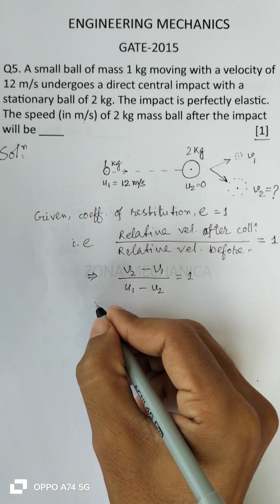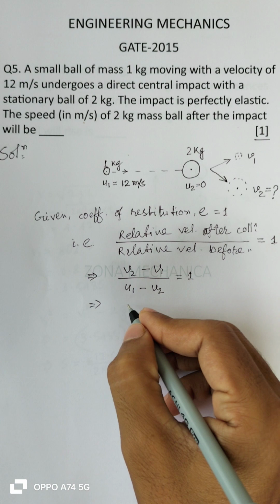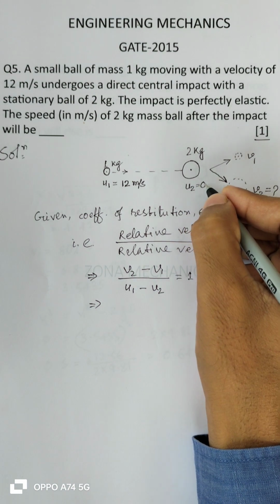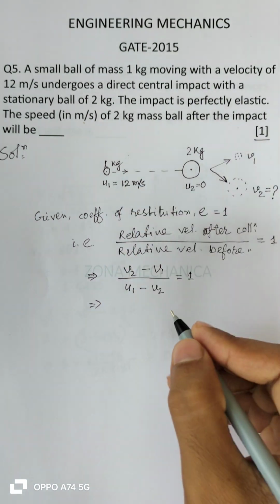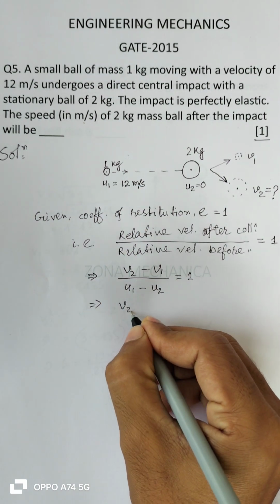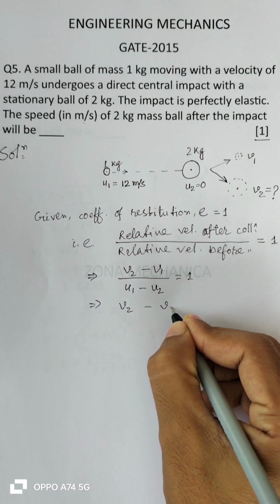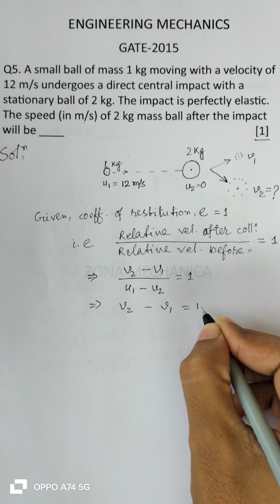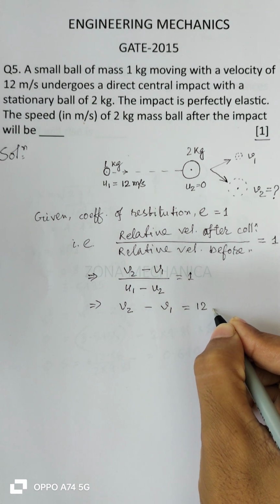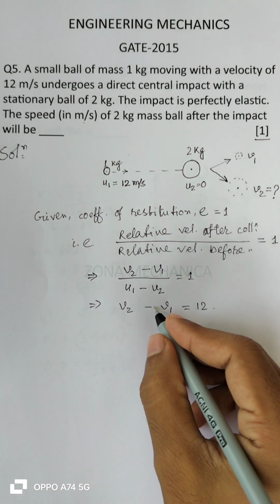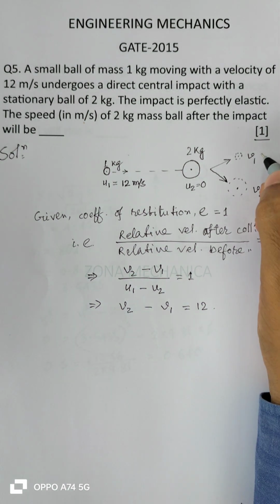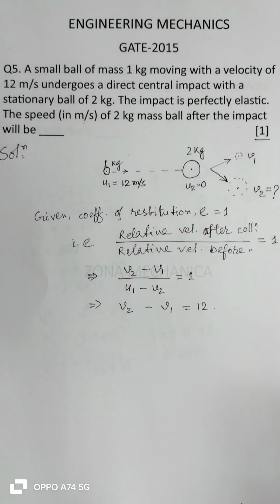Okay, so from here we know u2 is equal to 0, and u1 is equal to 12. So v2 minus v1 is equal to 12. Directly I am writing. Okay, so one equation we get on relation between v1 and v2. So v1 is unknown and v2 is also unknown.